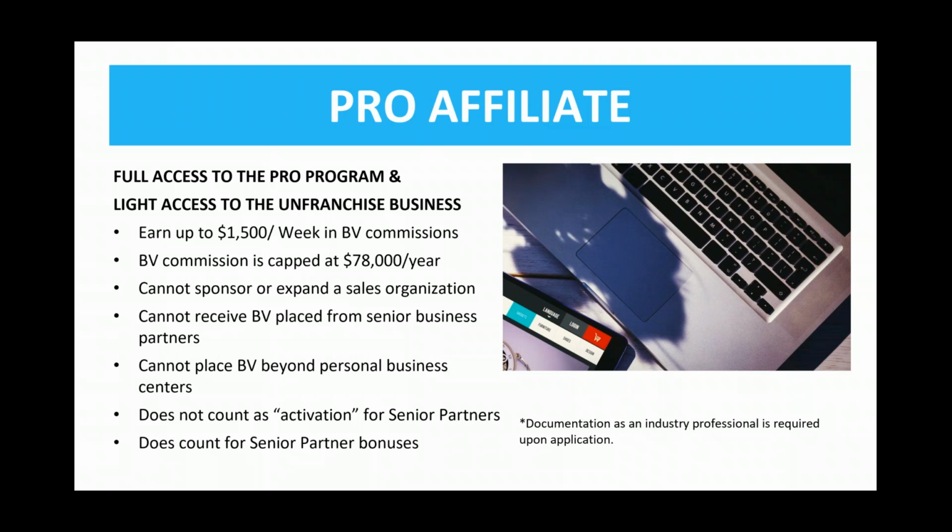perspective, and there's no monthly accrual option or minimum activity requirement in terms of BV purchases. So when they come in as a Pro Affiliate, they get 100 BV. They need to then place an additional 100 BV to qualify their business development center. And then they simply have to be on UFMS every month in order to accrue group business volume.